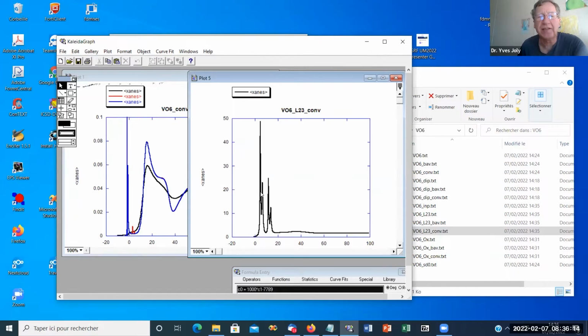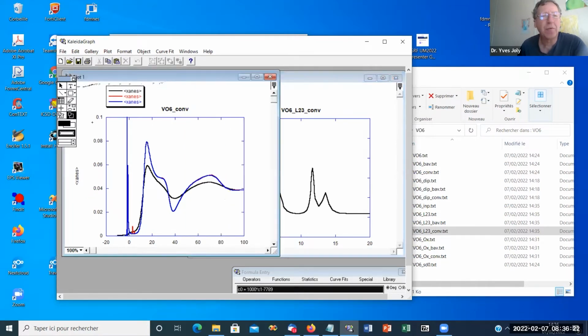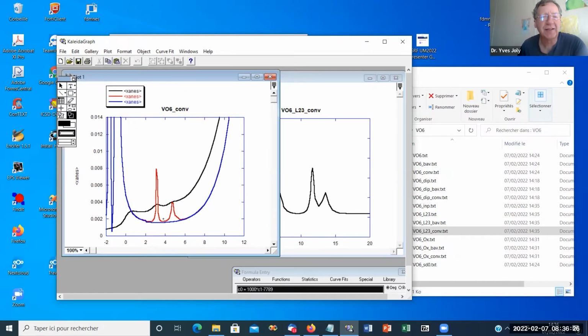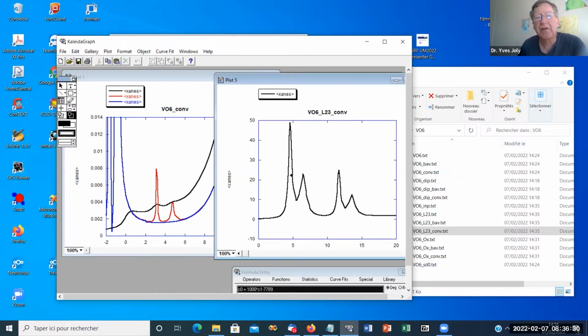So this one is the L3, this one is the L2. I zoom. And if you compare with this feature, in fact, you can see they are more or less at the same energy. It's because we probe the same state.